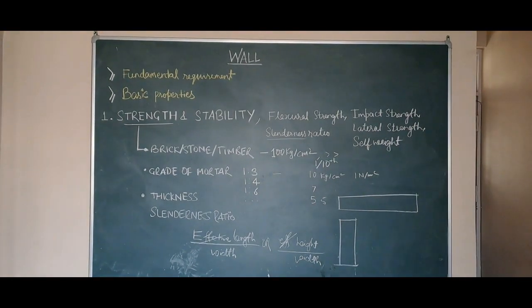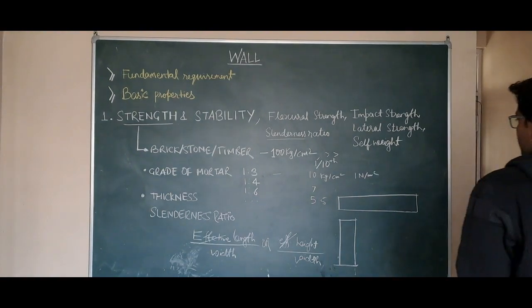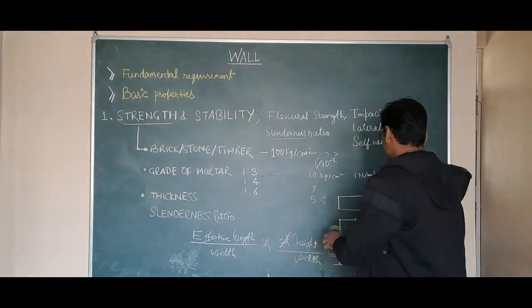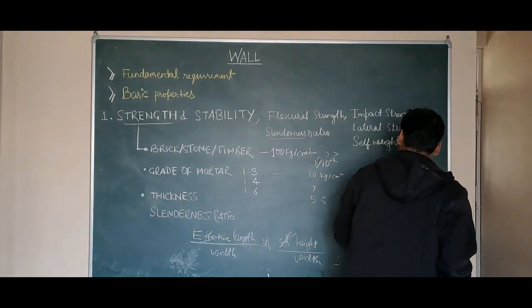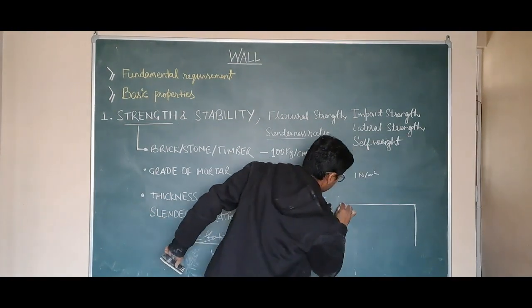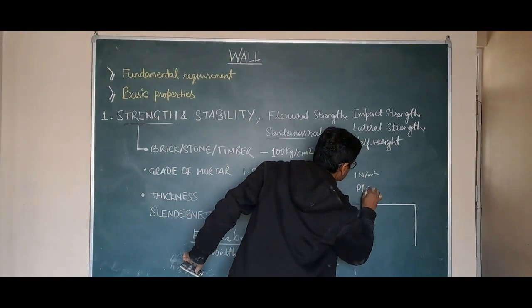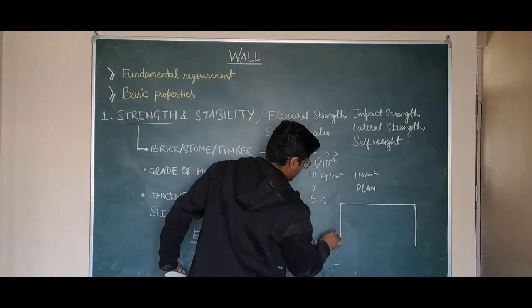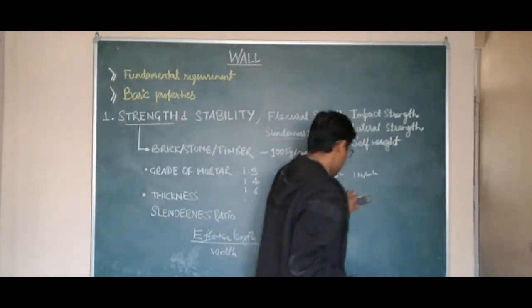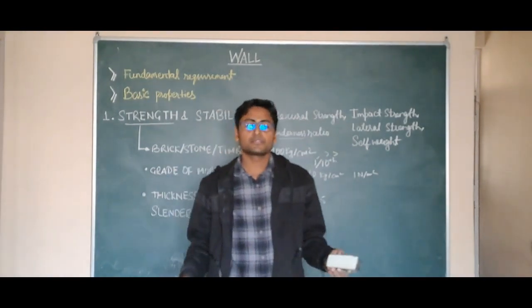So for this we use the term slenderness ratio. Now suppose we have this very long wall, and this is the plan. Let me draw the plan again. So there should be some limit.